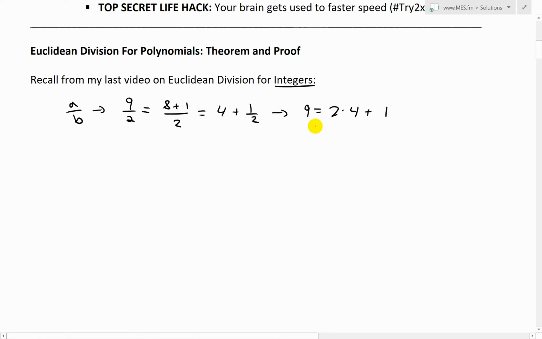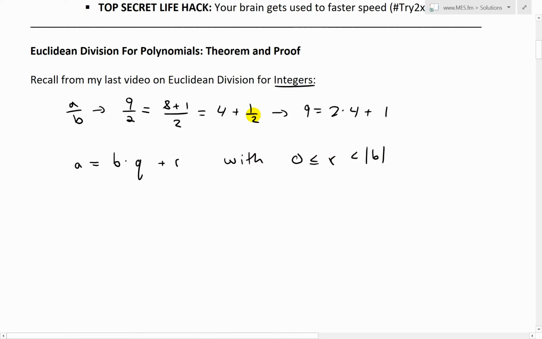More generally, if you have a divided by b, where b is non-zero, then a is equal to b, the divisor, times q, which is the quotient, which is 4 in this case, plus r, which is the remainder, in this case 1, with 0 less than or equal to r, and r less than the absolute value of b.